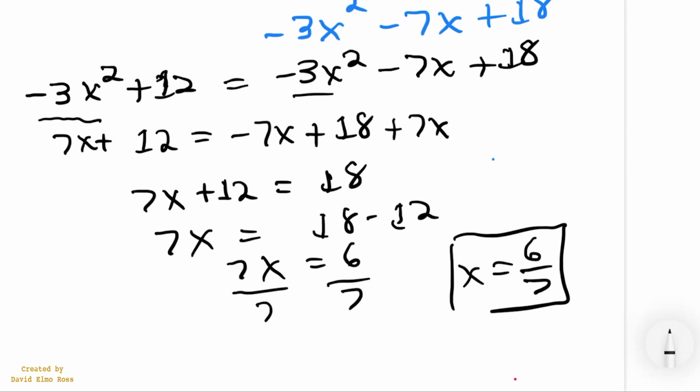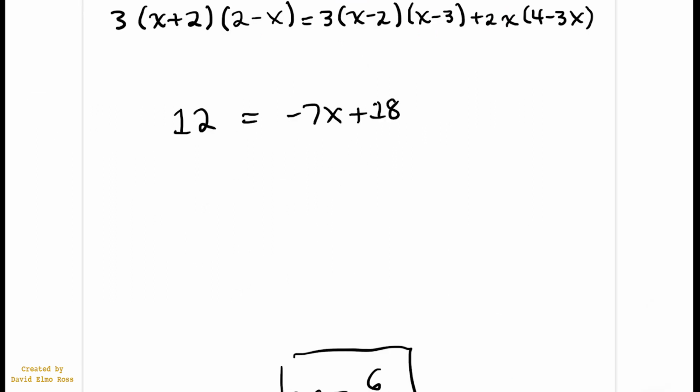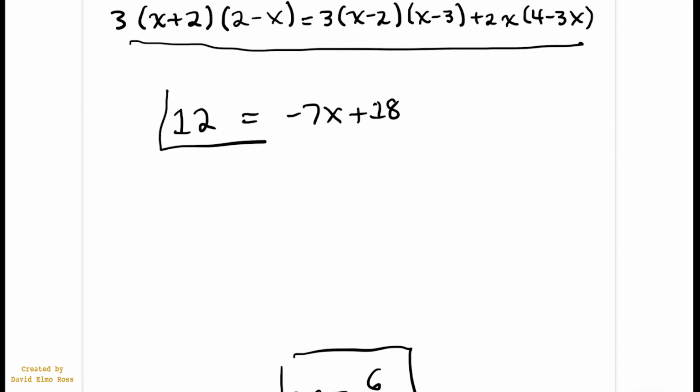Now the next thing we have to do is substitute it back in to show that this is indeed the right solution. Now instead of trying to figure out all of this left-hand side and right-hand side, I think you remember that we actually got it down to this when we simplified all terms. So our left side is 12. Let's see if the right side is going to equal that.